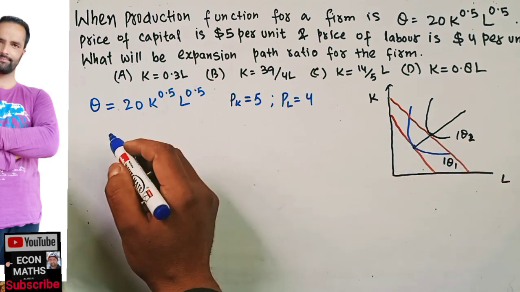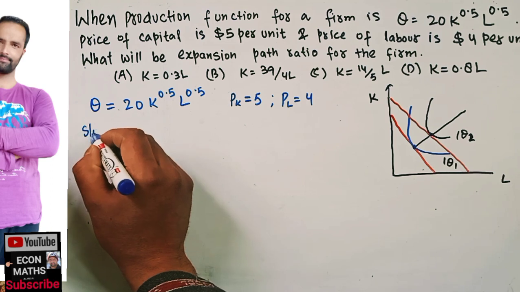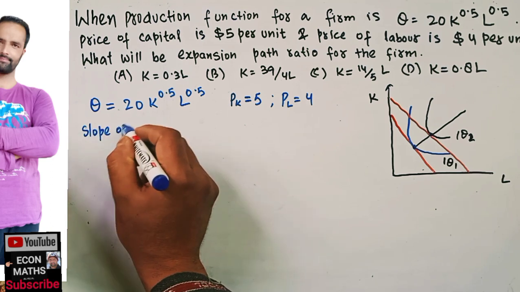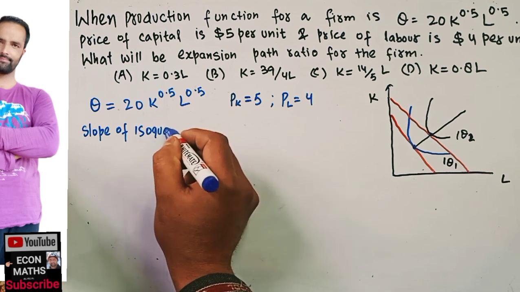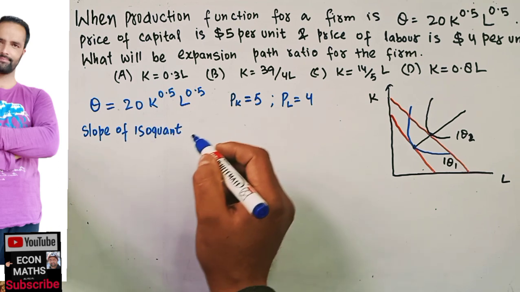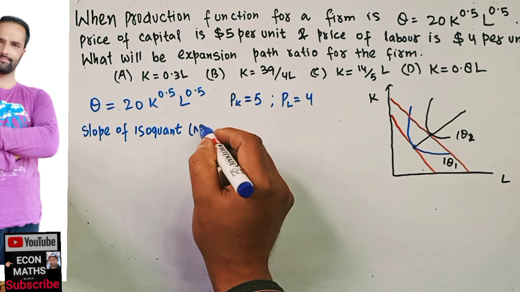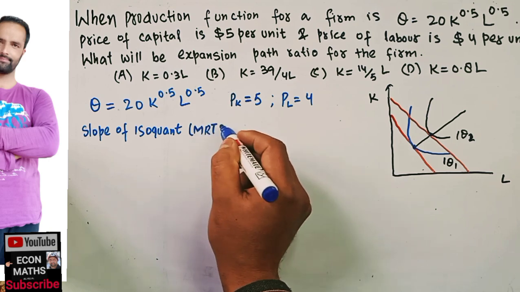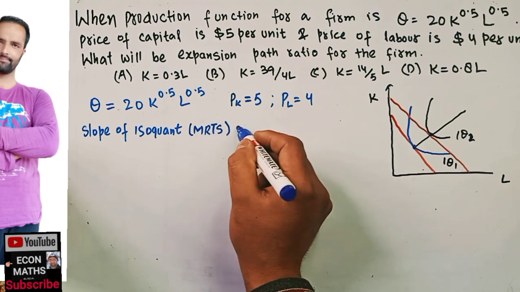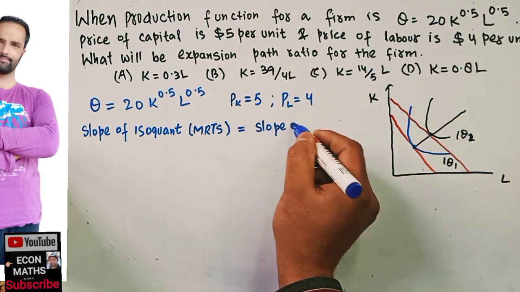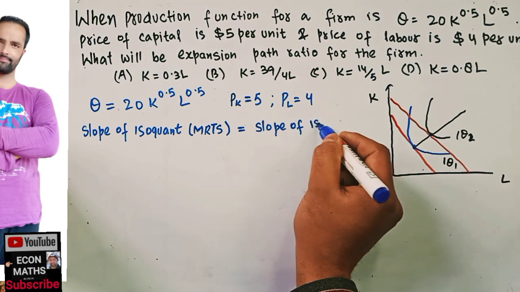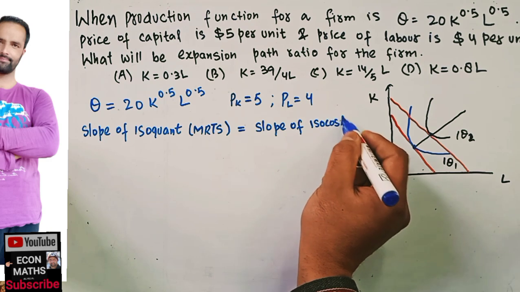That means the slope of the isoquant, by which we mean the marginal rate of technical substitution between labor and capital, should be equal to the slope of the isocost line.